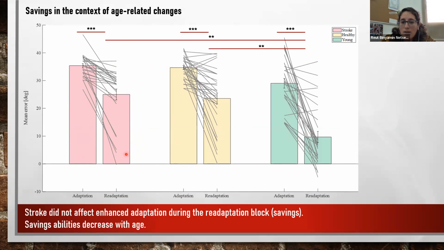So stroke did not affect saving effect, but we did find an interaction between group and saving. The difference between the first trials in the adaptation compared to the readaptation block was bigger for the young group compared to the other groups, which suggests that the saving abilities decreased with age.